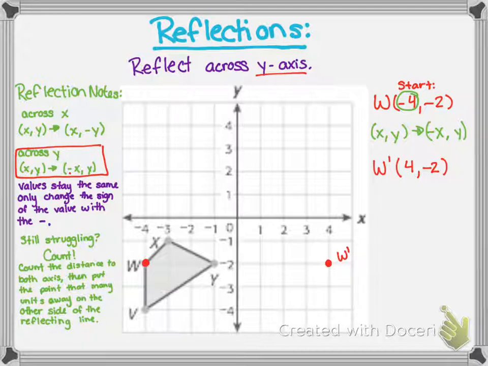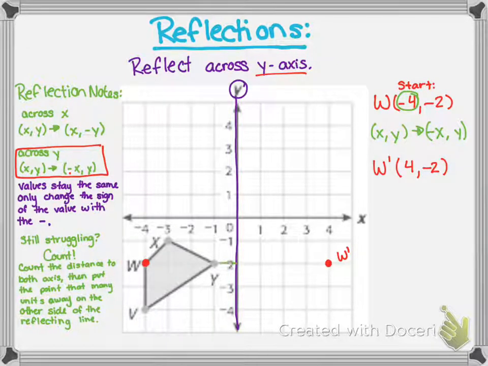Again, remind yourself that the y-axis goes straight up and down. It's also marked here for you, y is straight up and down. If you're struggling using this rule, I have another suggestion, and that is to count. First thing I would do is start wherever you are starting from, and that's going to be your y-axis.